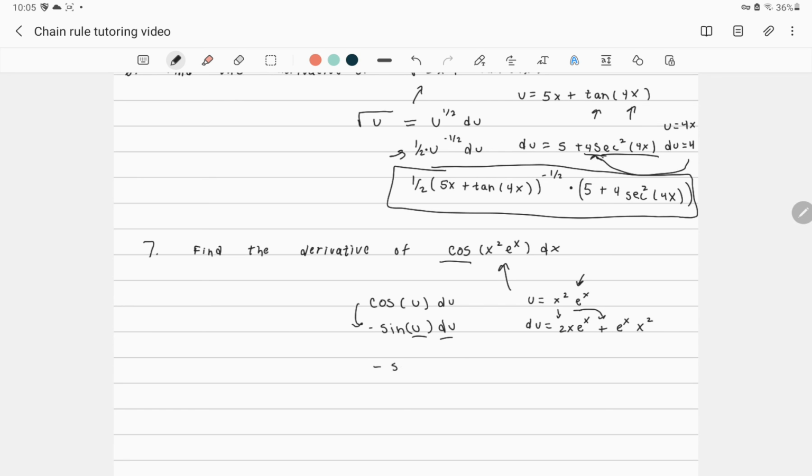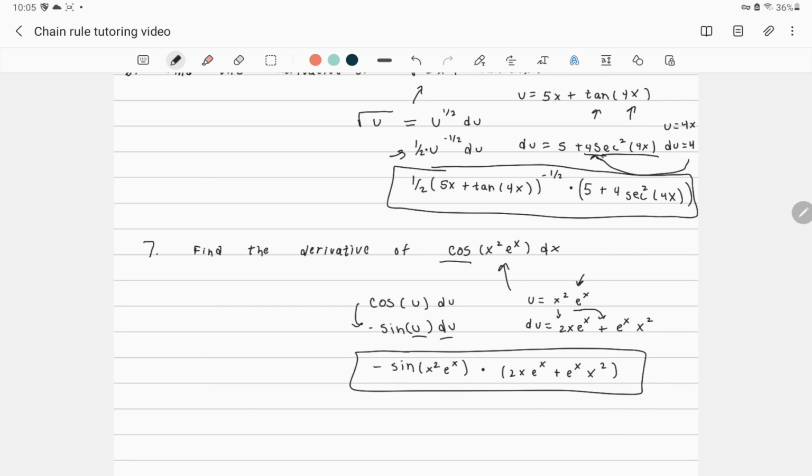So negative sine of x squared e to the x times 2x e to the x plus e to the x x squared. And there it is.